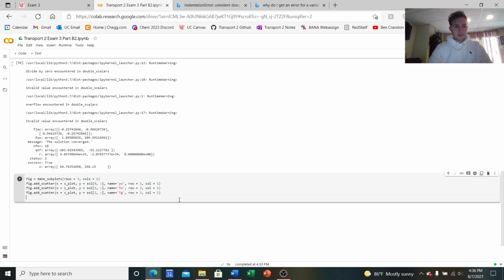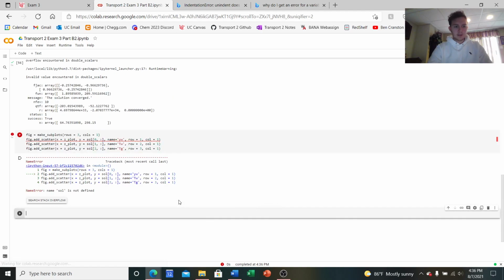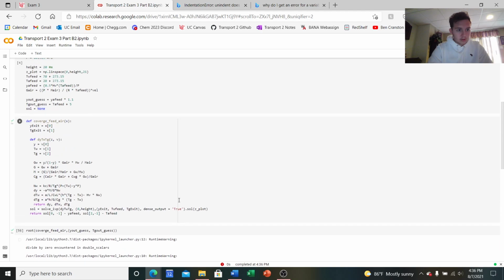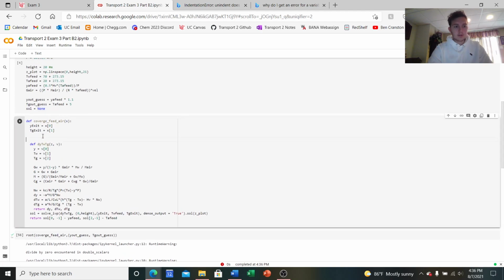And so everything was done correctly, which I'm really hoping it was, but go figure it's not. Name solution is not defined. So this is where I actually need to go in and put in the global solve value right before this equation.